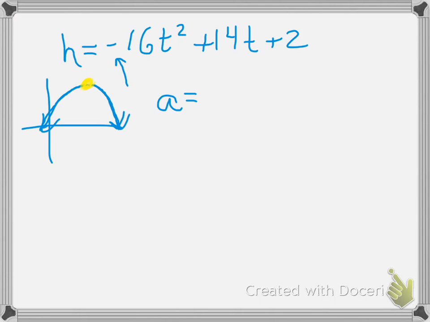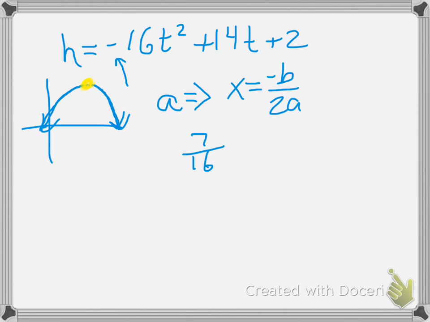The vertex is found by using the formula x equals negative b over 2a. That should give you the x value. And if you do all that, and you can look on the answer key to see all the steps in between, if you plug that in, you'll get 7 over 16. That means that the ball reached its maximum height in 7/16 of a second.